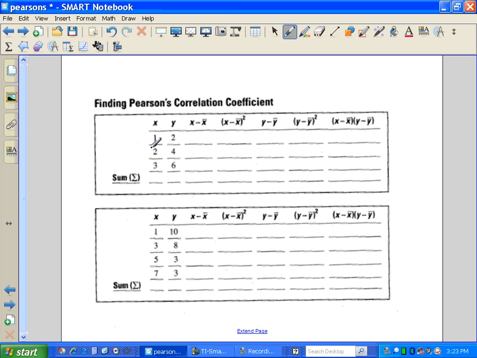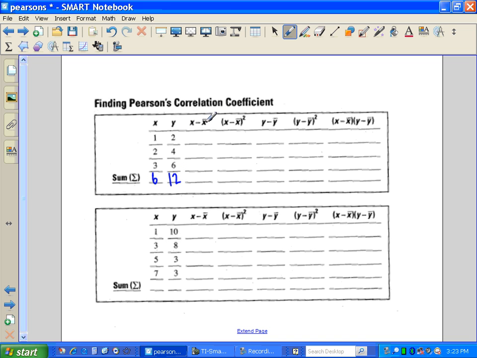If I start by doing the sum, remember this sigma symbol means sum. So we have 1 plus 2 is 3, plus 3 is 6. 2 and 4 is 6, and 6 is 12.